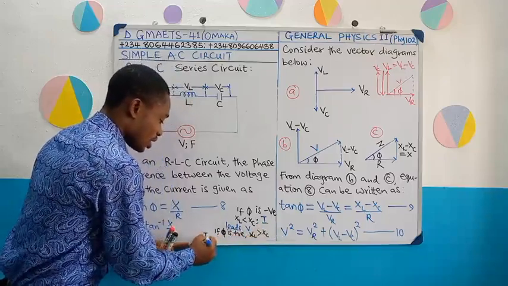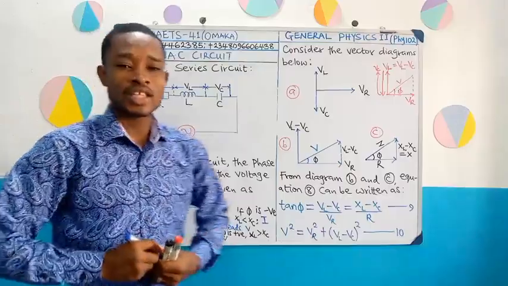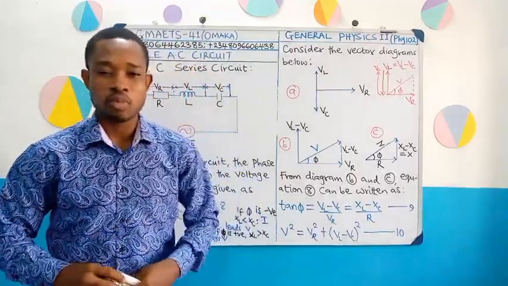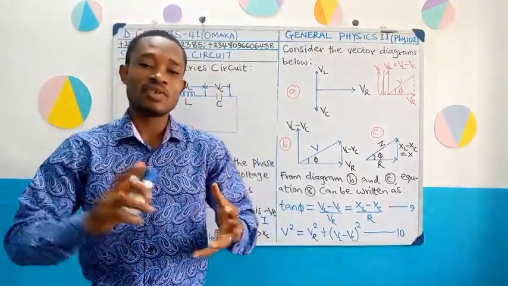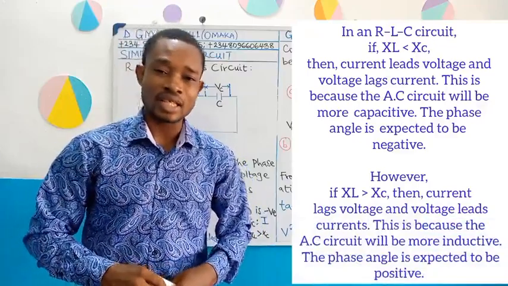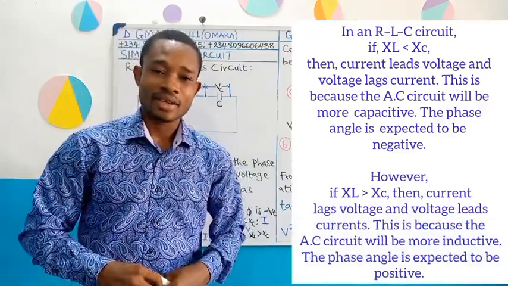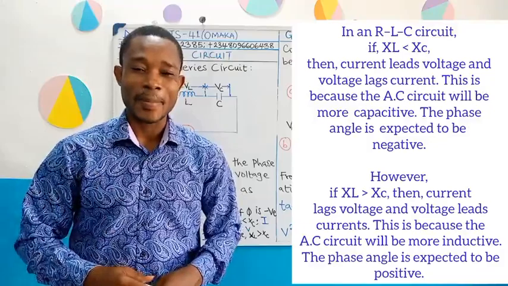Therefore, current lags voltage. So please, what I just said, put it down, very important. That is how we get to know, in an AC circuit containing resistance, inductance, and capacitance, when current leads, when current lags, when voltage leads, and when voltage lags.